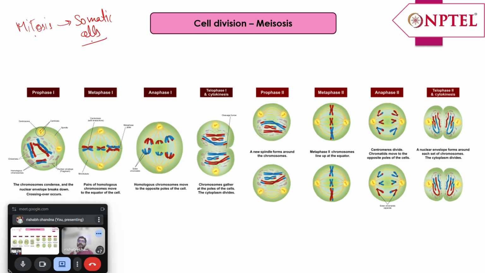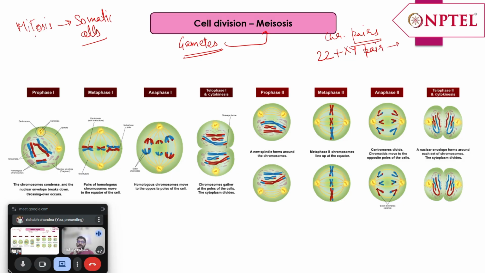Okay, there is another division that happens in the gametes or during the formation of the gametes, that is meiosis. In this case there is reduction in the chromosome number, because as we have seen there are chromosome pairs, that is 22 plus XY pairs.